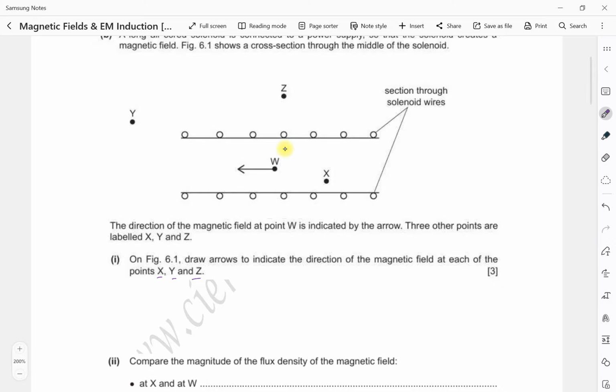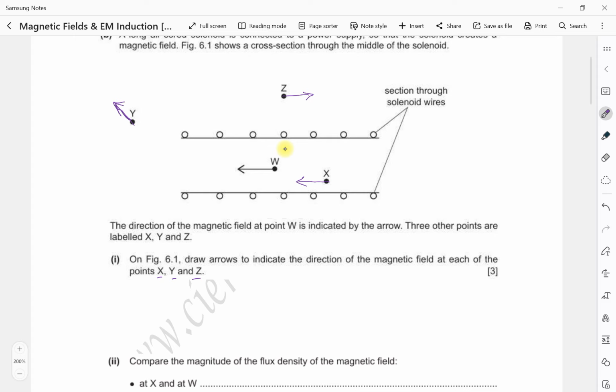So since the field lines are continuous lines, at X the field is uniform and it is going to point in that direction. We have seen that at Z, because it is a continuous field line, this is going to be pointing towards the left. And at Y, because Y is almost just outside at an angle, this is going to be pointing at a tangent in this direction here. As simple as that.